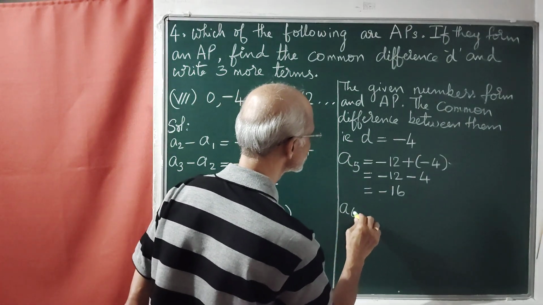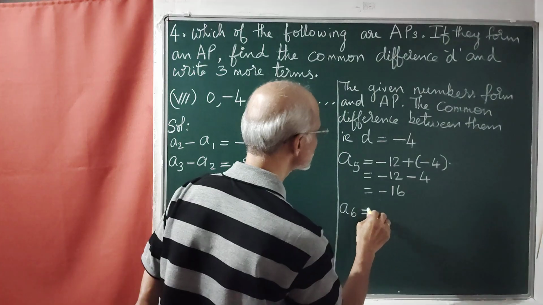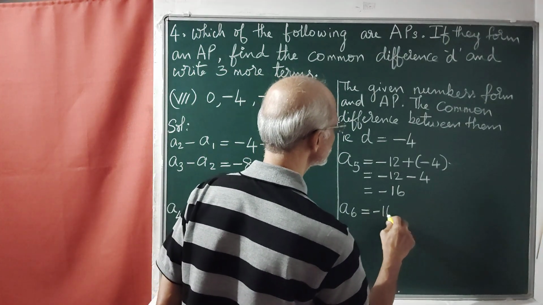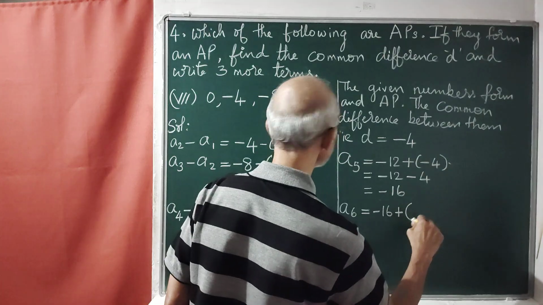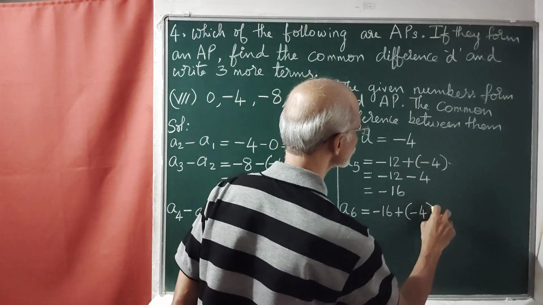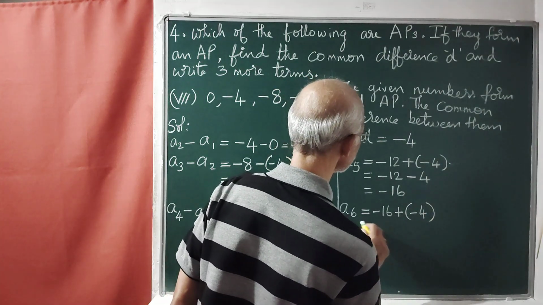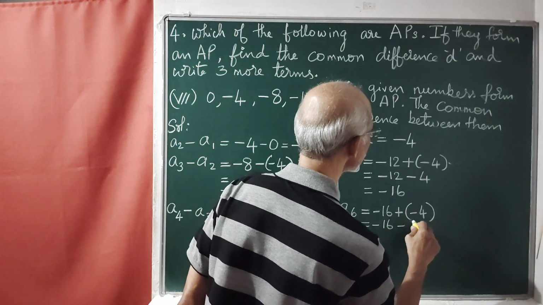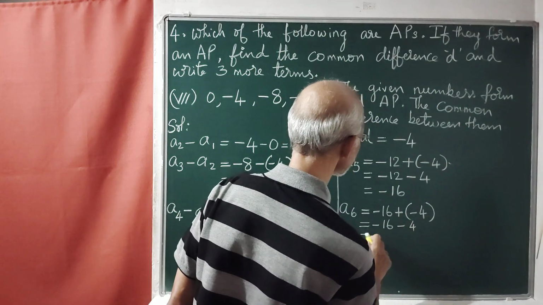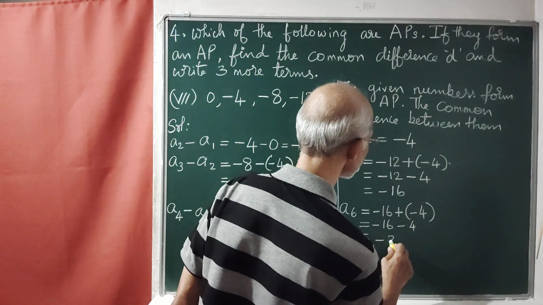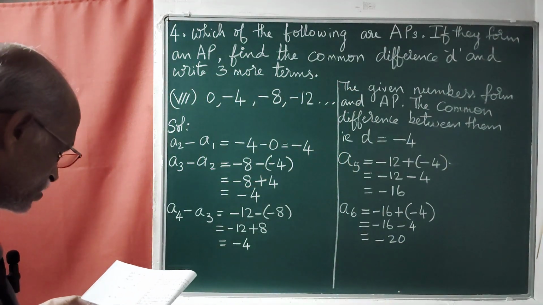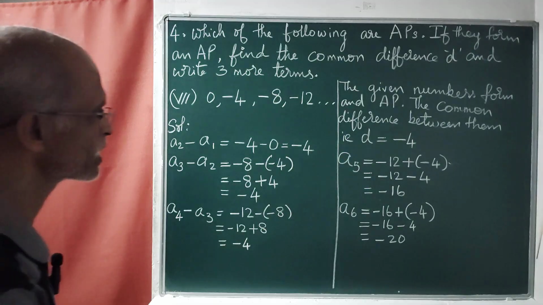Then A6. To get A6, add D to A5. So minus 16 plus minus 4. We get minus 16 minus 4. That is minus 20. The sixth term is minus 20.